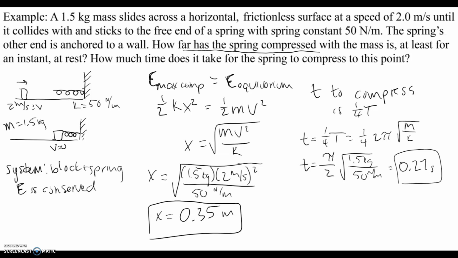All right, so I hope that was helpful in problem solving. Now we could make this a little bit more complicated if you wanted to. Maybe we could ask another question, and a very common question that's asked is, where in this object's motion is the kinetic energy equal to the potential energy, or something along those lines?